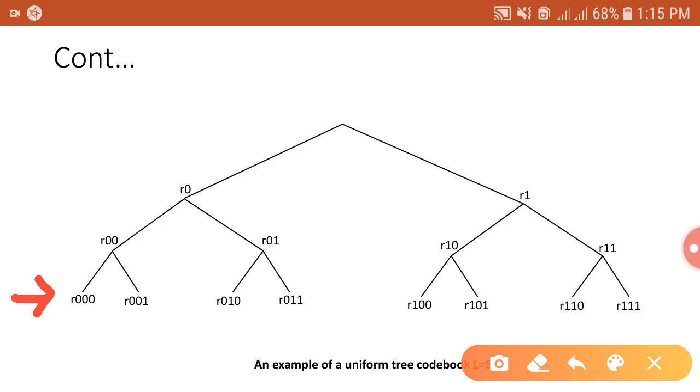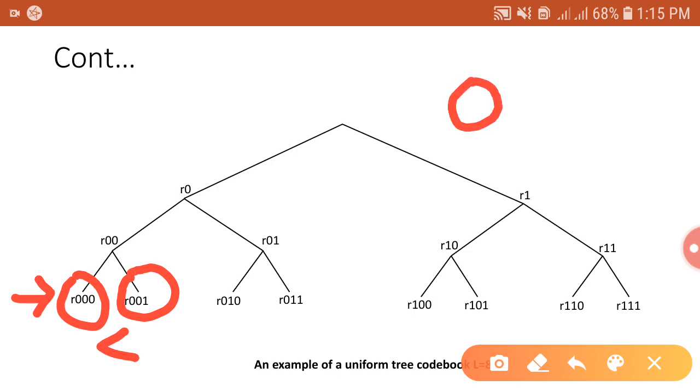Now, if the distortion between X and R000 is less than the distortion between X and R001, if this condition is satisfied, then you are selecting the left subtree, so 0 will be sent as a part of the code word. Now suppose this condition is not true.